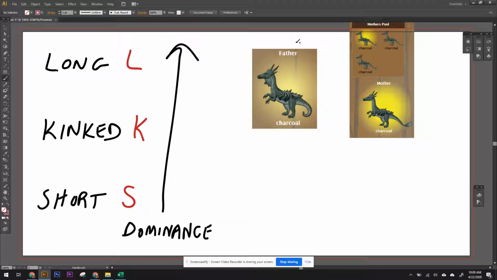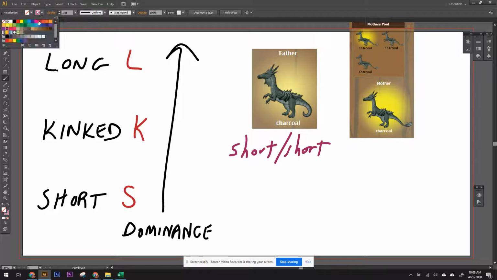We would describe his alleles as being short. Now, mom, we said, has all long tail phenotypes. So that means that all of those drakes have at least one allele for long tail.